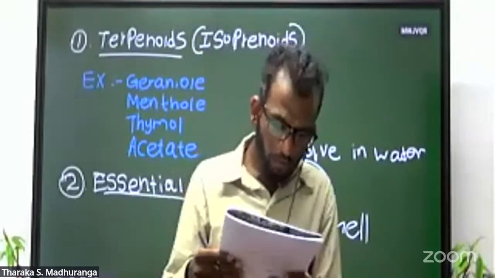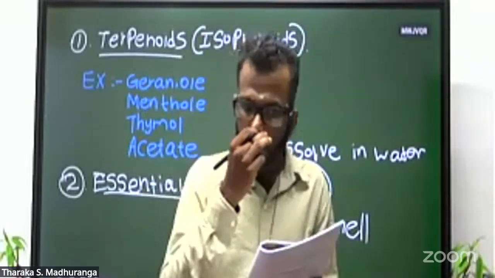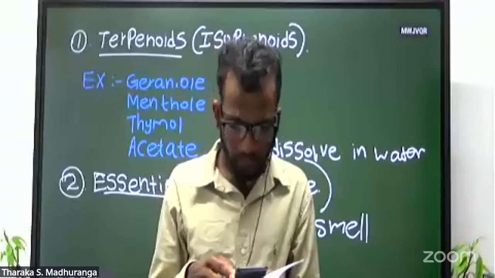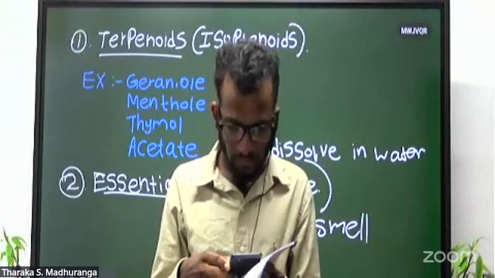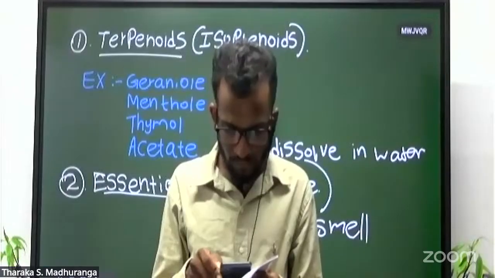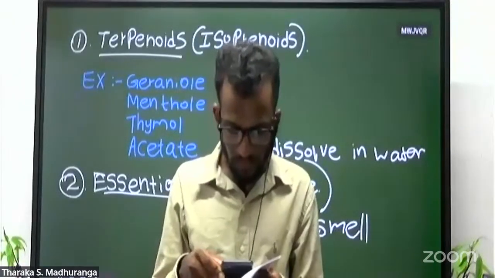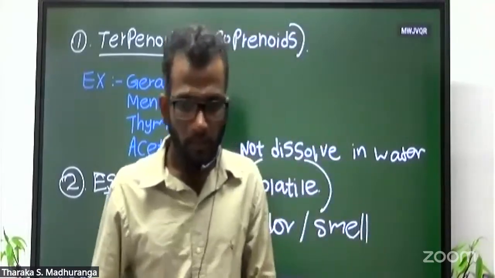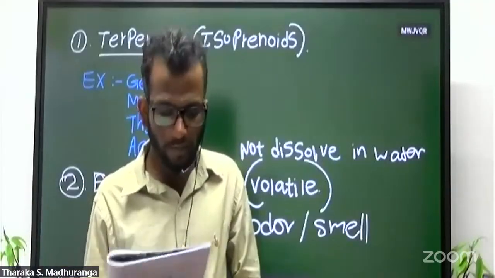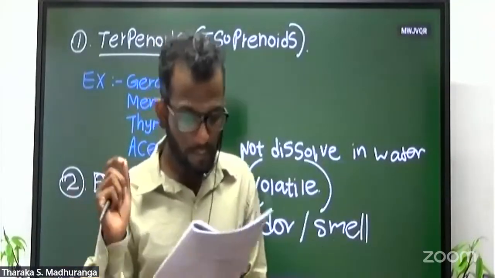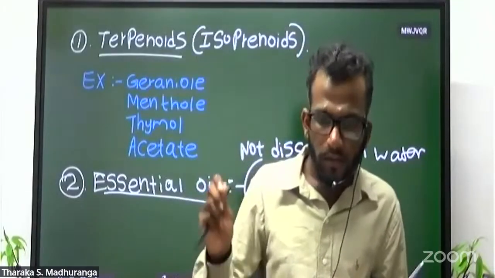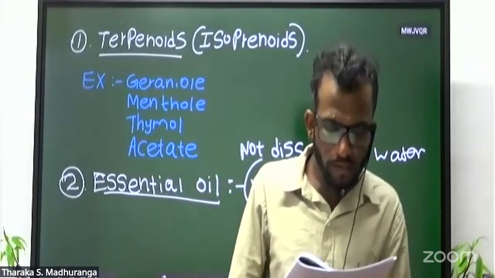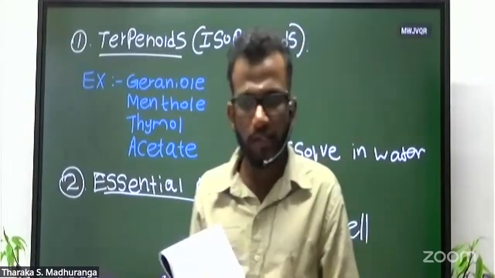Jasmine means the white color flower. The rose oil, the jasmine: benzoate is the compound.